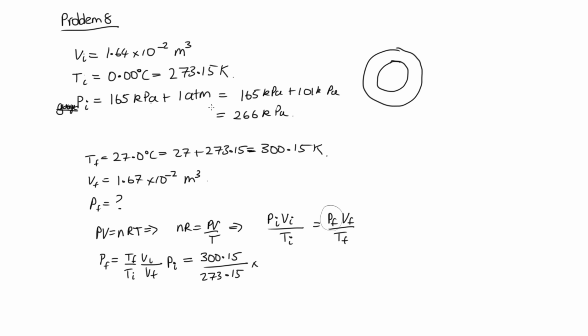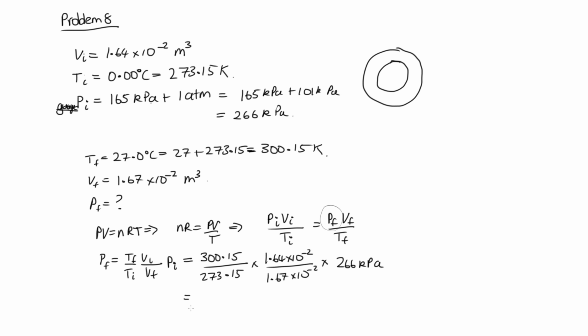The initial volume is equal to 1.64 times 10 to the minus 2. The final volume is equal to 1.67 times 10 to the minus 2. And then times the initial pressure, which is 266 kilopascals. So that's going to give our answer in kilopascals.